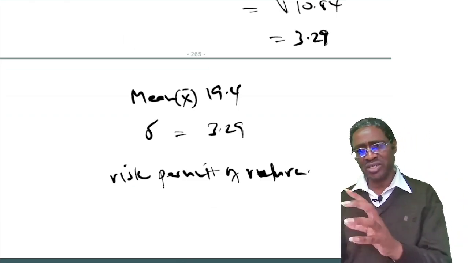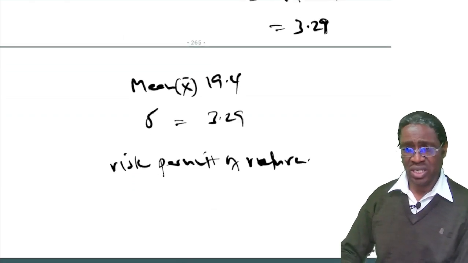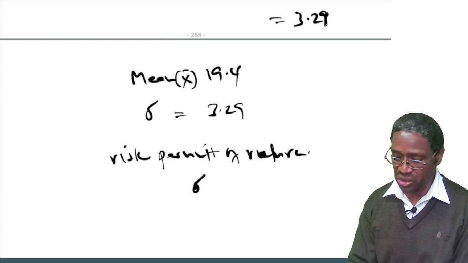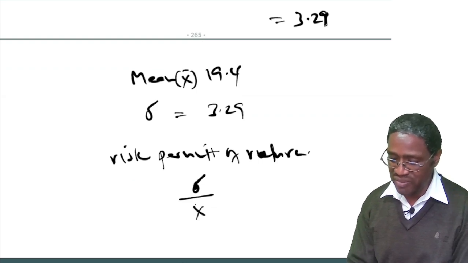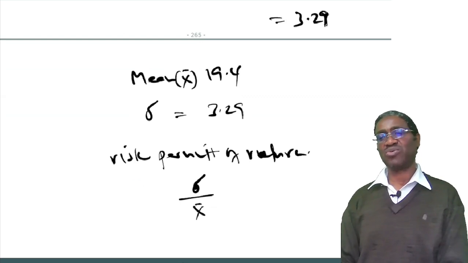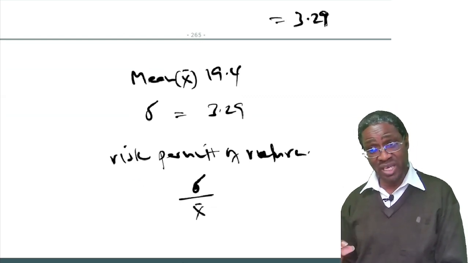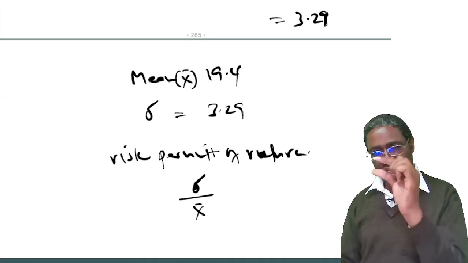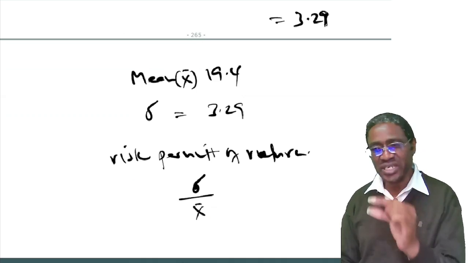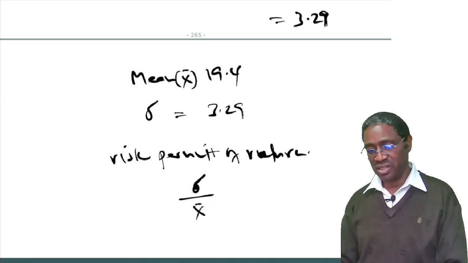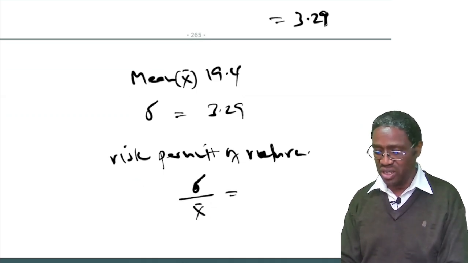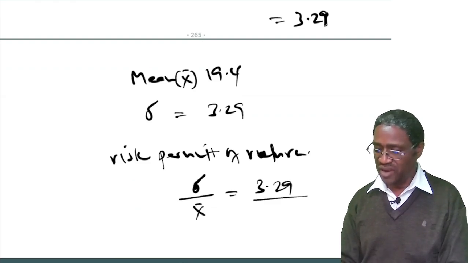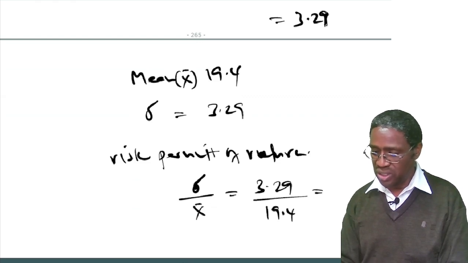It means you take the standard deviation and divide it by the mean. The denominator is the mean, and you are dividing the risk by it. Like for example now, this will be 3.29 divided by 19.4.